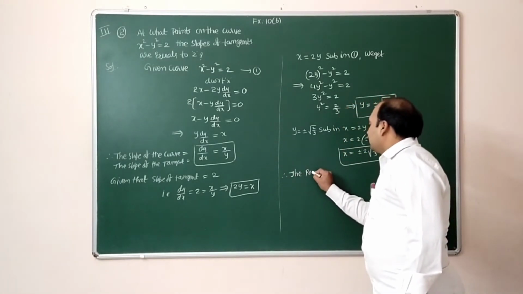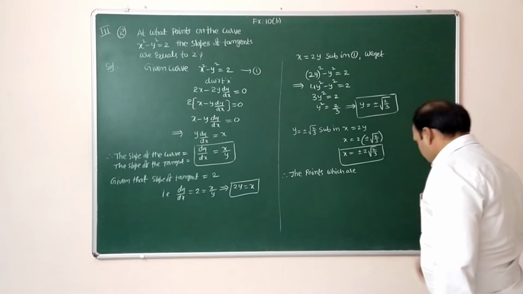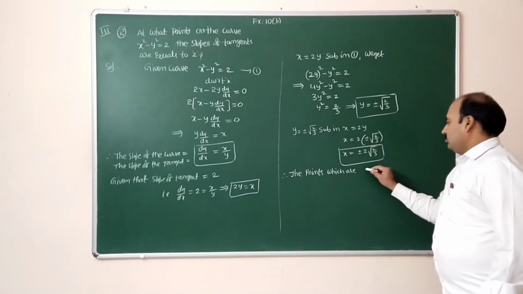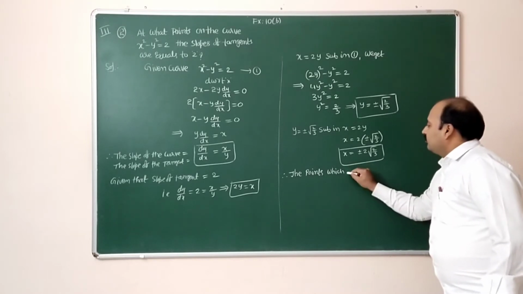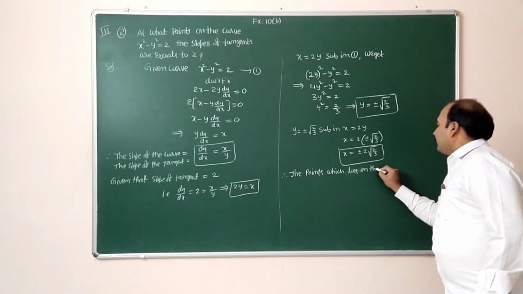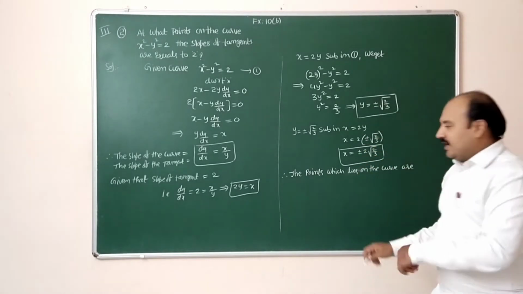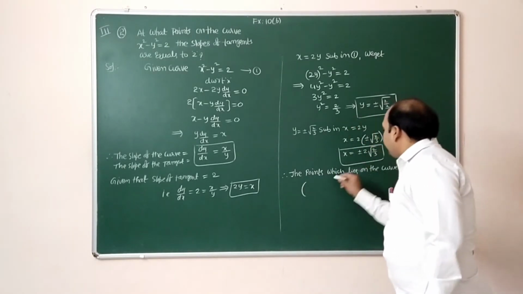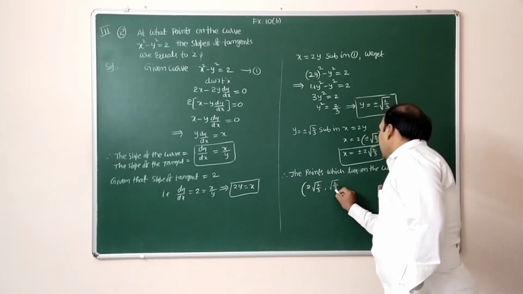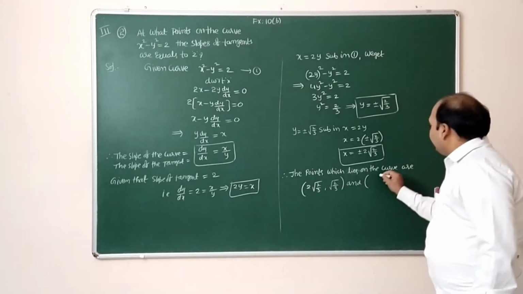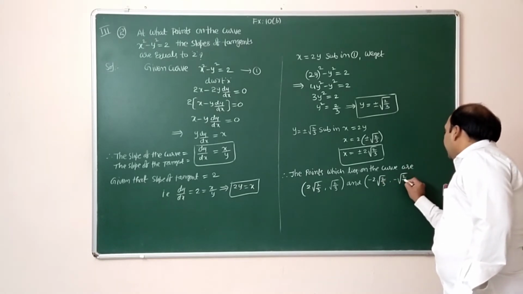Therefore, the points which lie on the curve: first consider the plus, next the minus. 2 root 2 by 3 comma root 2 by 3, and if you consider minus, minus 2 root 2 by 3 and minus root 2 by 3.